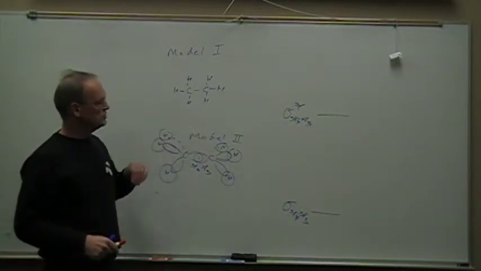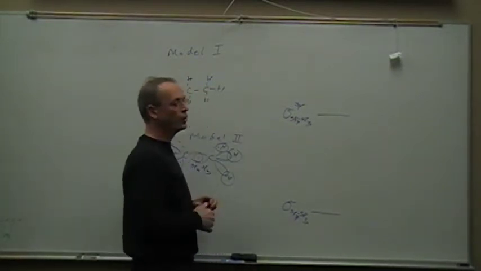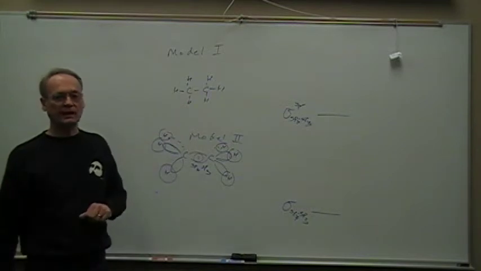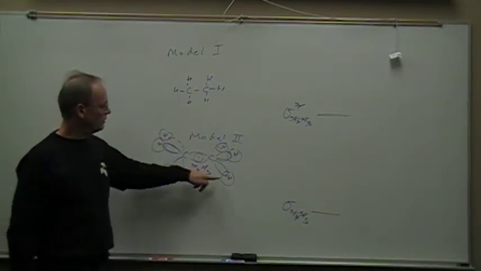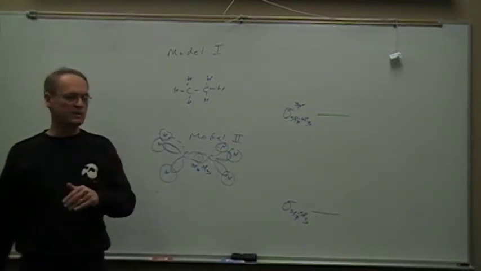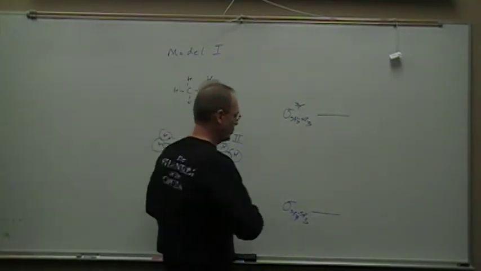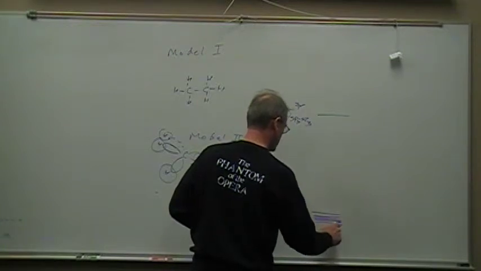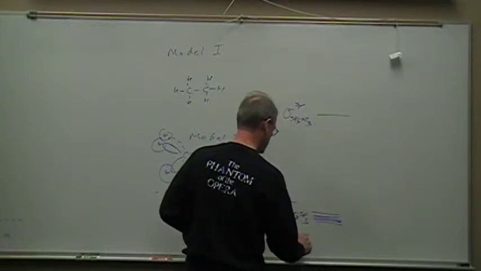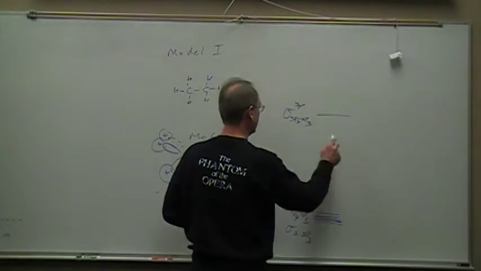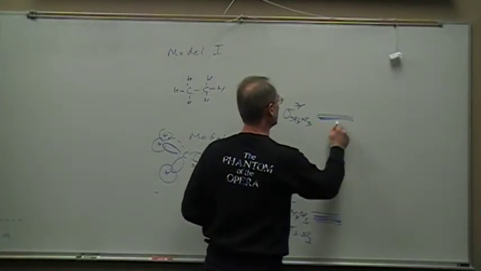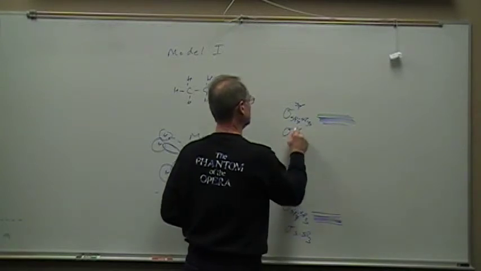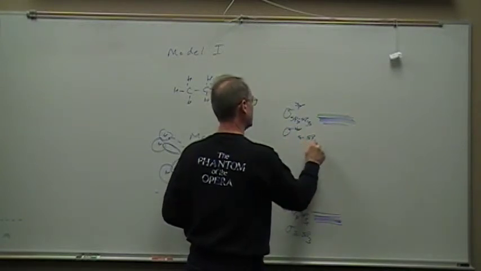Now, besides those 2, we will also have how many more sigmas at the bottom and how many more sigma stars at the top. Well, there are 6 more overlapping s and sp3 orbitals, so we'll have 6 more sigma s-sp3 and 6 more sigma star s-sp3.